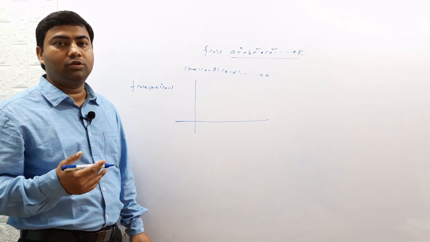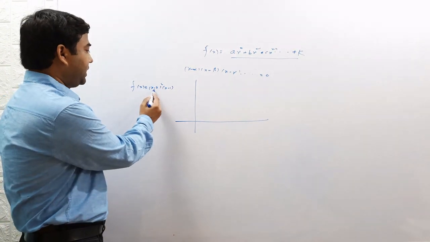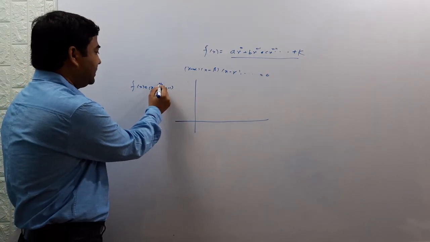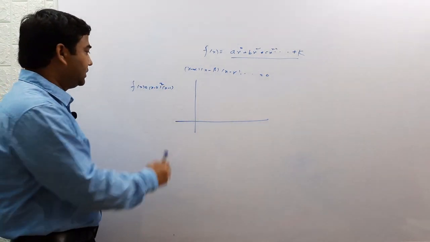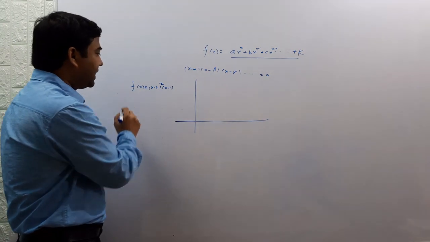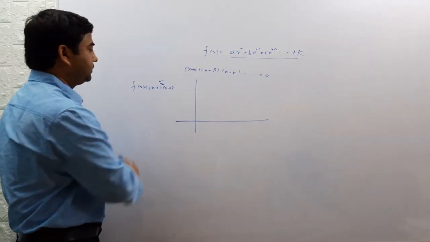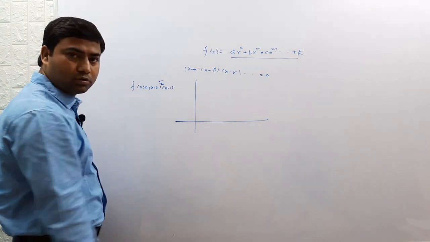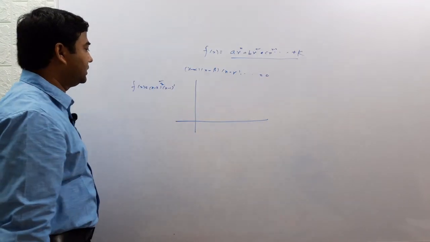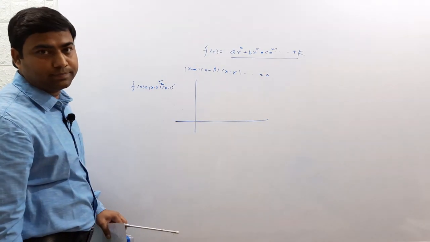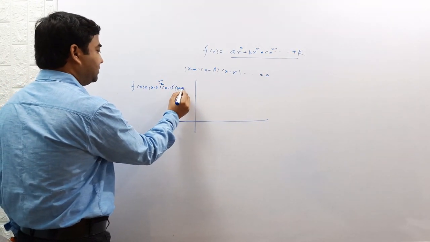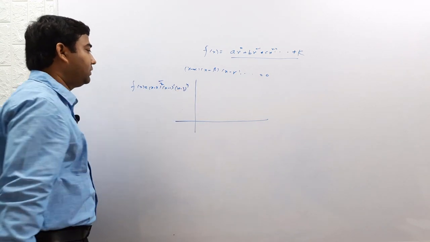For example, here x equal to 2 is a root of this polynomial, and here it is squared, so this root x equal to 2 has multiplicity equal to 2. Similarly, x equal to 1 is also a root, but here it has only multiplicity equal to 1. So this is called multiplicity. Suppose (x minus 3) to the power 4.